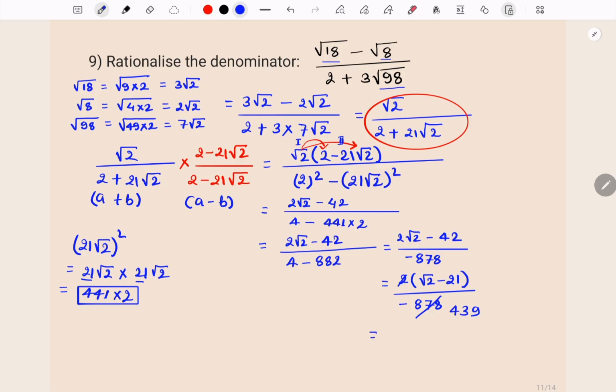So I can multiply this negative sign in the numerator. So it will become 21 minus root 2. And in the denominator, we will have 439. So finally, this one would be the final answer.